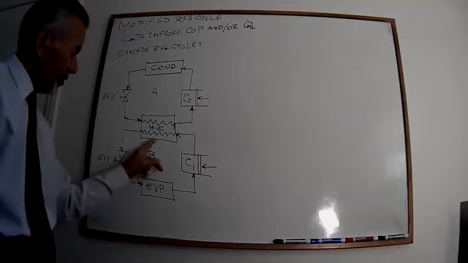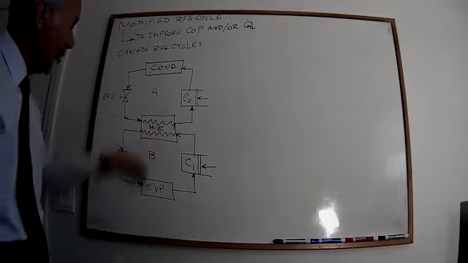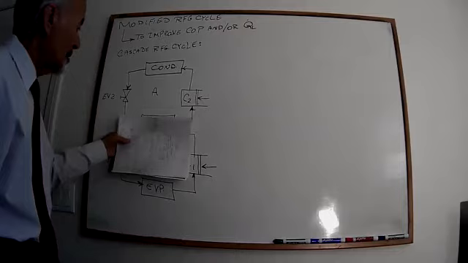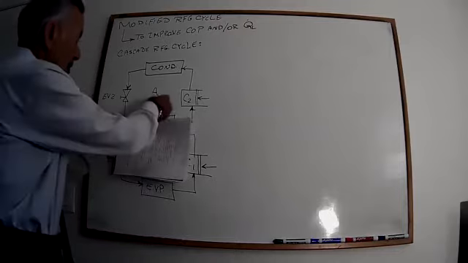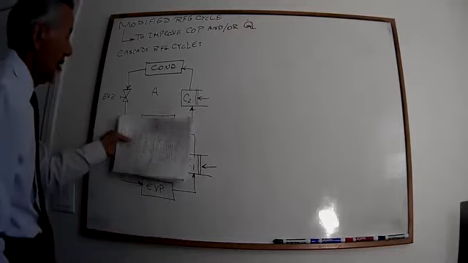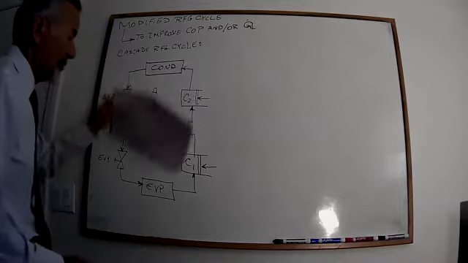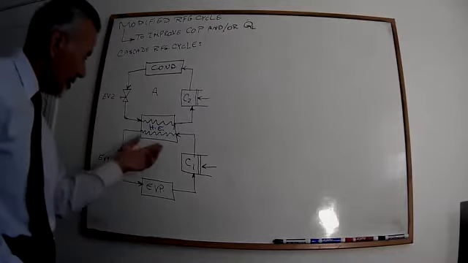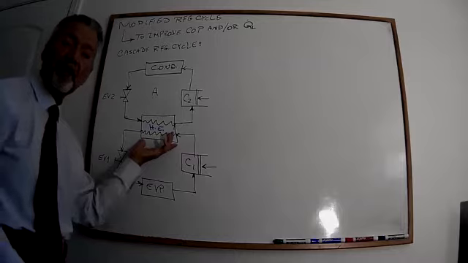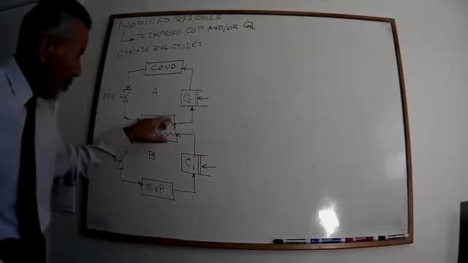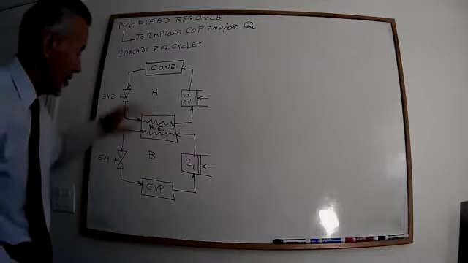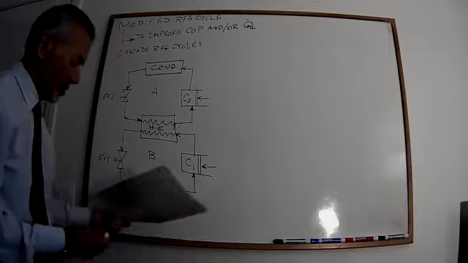Now, if you notice, this is cycle A. If we cover this part, it's just a regular refrigeration cycle. If we cover the top part, same thing, this is a regular refrigeration cycle. Now, this heat exchanger plays an important role.